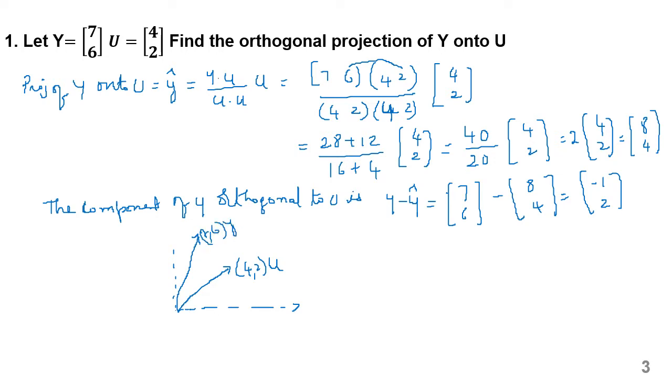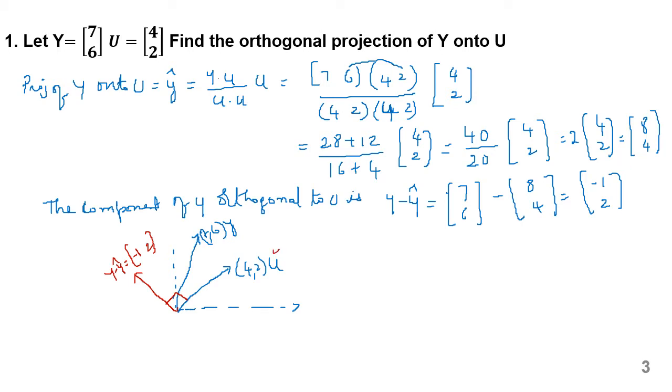Now the component orthogonal to u should be perpendicular to u, which will be this value, and we have obtained it as y minus y cap, equal to (-1, 2). So this value is orthogonal to the given vector u.